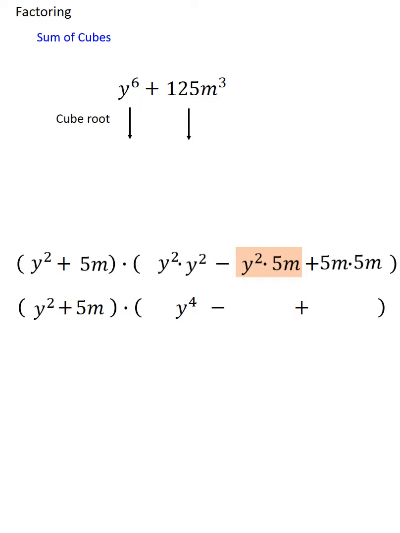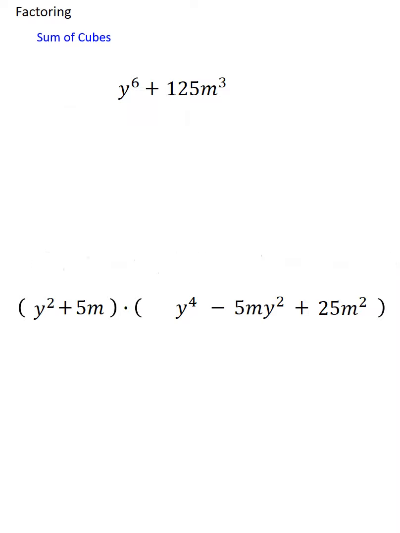Y squared times 5m, I could leave it as y squared 5m. I like to write things without exponents first, doesn't matter. And 5m times 5m is 25m squared. And as messy as that is, this is a pretty simple way to factor a sum or difference of cubes. There's your problem, there's your answer. And that completes the 7th of 7 lessons in this series on factoring.